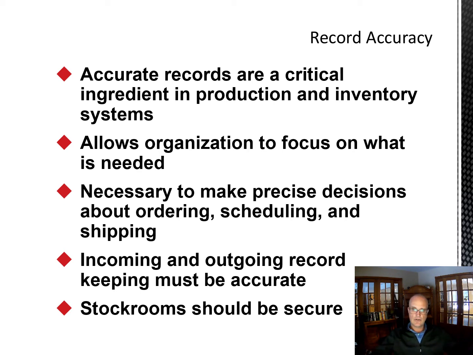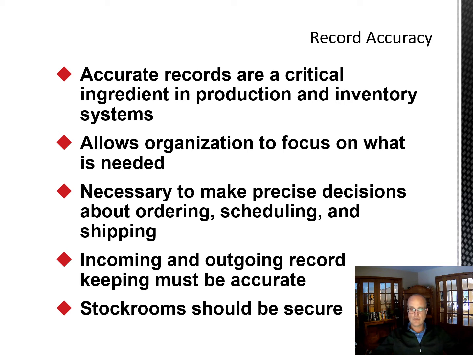And then it allows us as an organization to focus on what we need. It's necessary to make precise decisions about ordering, scheduling, and shipping, and we can't make those precise decisions if we don't know what we have and have a good understanding of what we need.